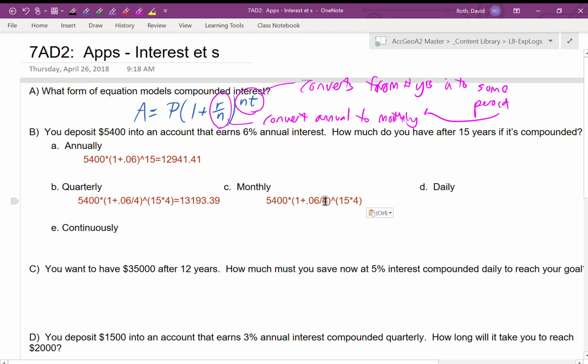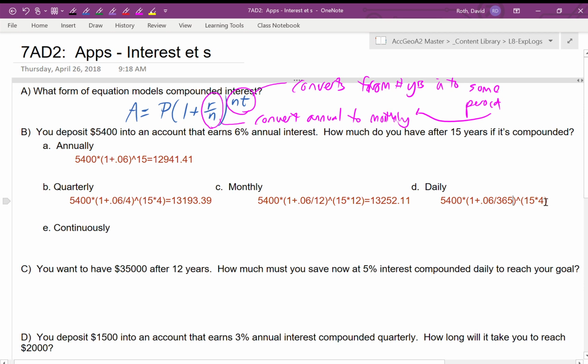Change this to 12. Hopefully you're just checking your work and you all got it right before I did this. And set that around to 11. And then just go right here. 365.